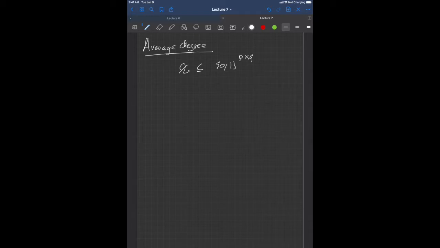What are we going to do? For any row i, we defined the average degree of that row in this set X to be the cardinality of the set X divided by the cardinality of X minus i, which, if you remember, is all the matrices that you get by removing the ith row from this matrix.